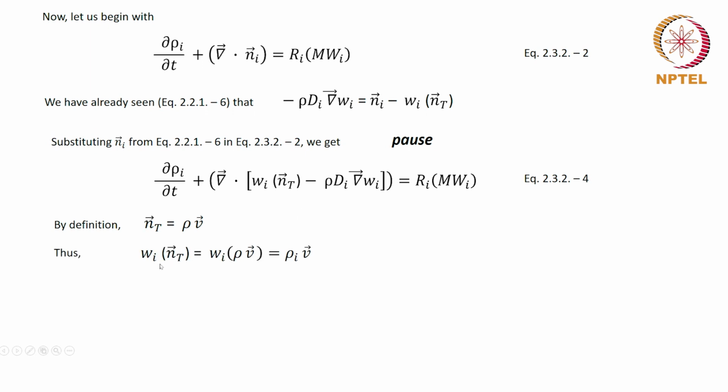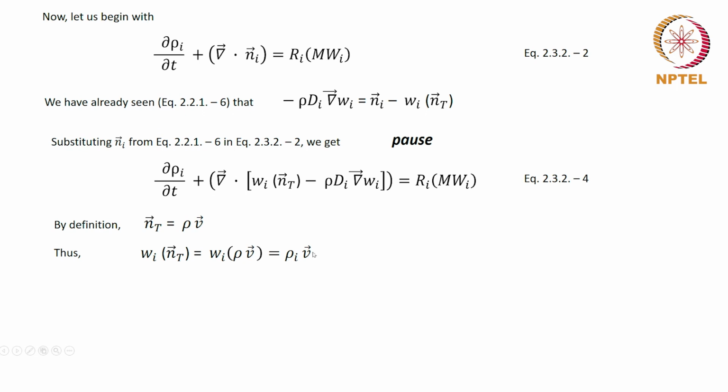Therefore, Wi Nt, this term, is Wi times ρv, and Wi is the mass fraction, ρ is the total density. Therefore, total density times mass fraction is the density of i.